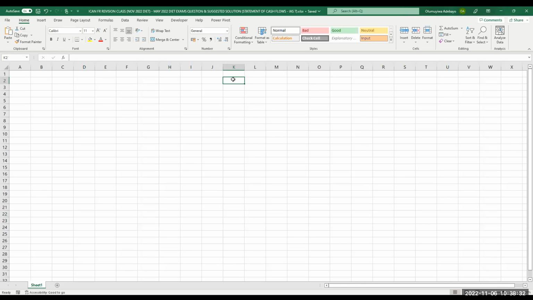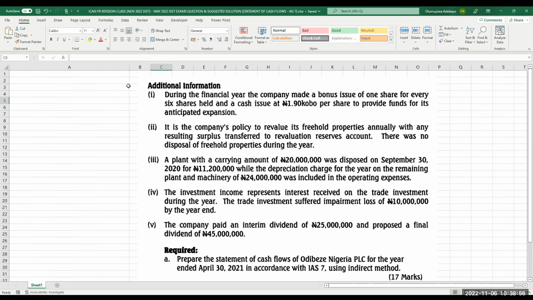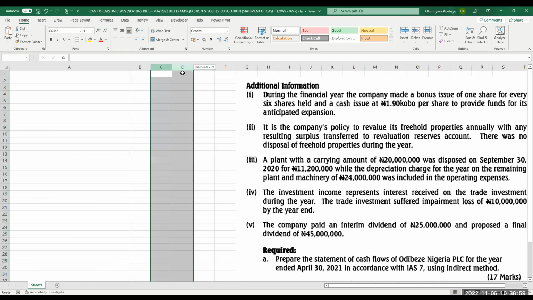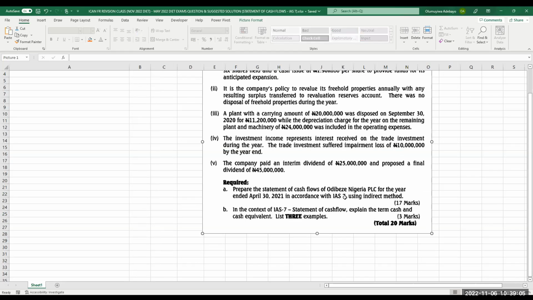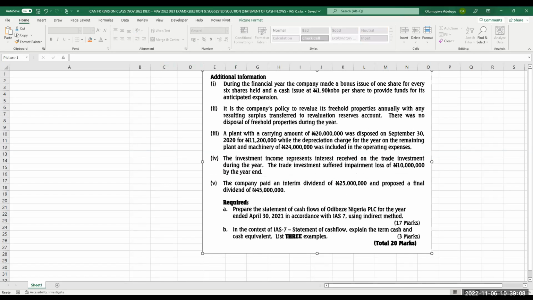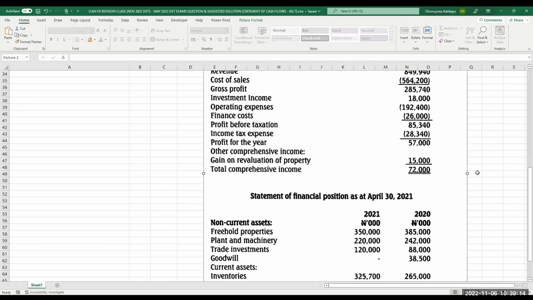Now, somewhere here, let me put my balance sheet and the income statements somewhere again so that, instead of me switching, I'll no longer switch.